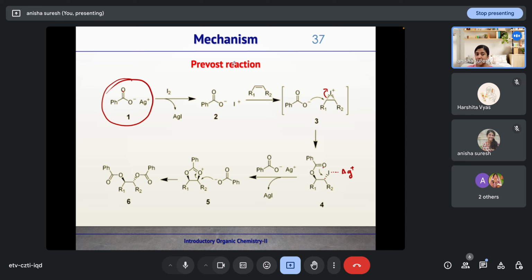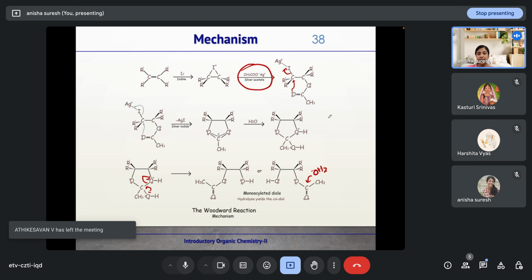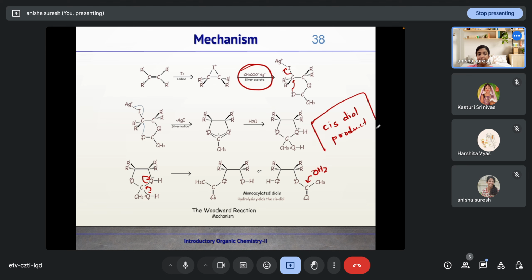So in Prevost reaction trans diol will be the product, and in Woodward reaction cis diol will be the product. Clear?